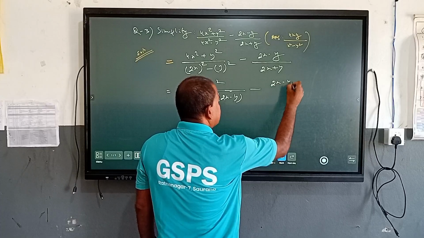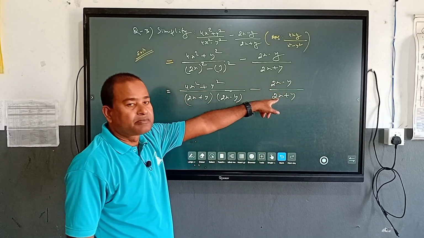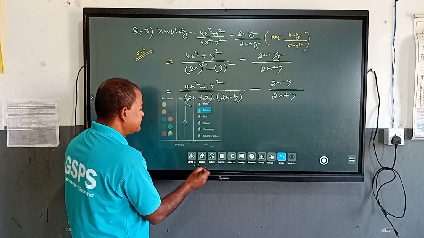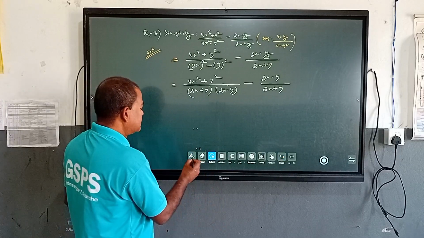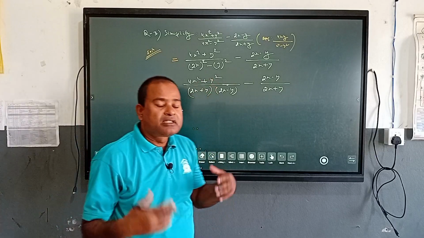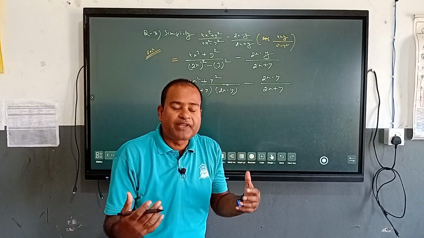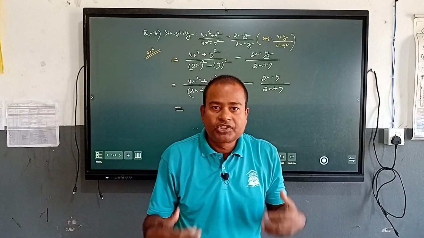So we have to factorize the denominator at first, then keep the second part as it is. Dear students, now already we have factorized the denominators. Now after factorizing the denominators, we have to take the LCM of the denominators.